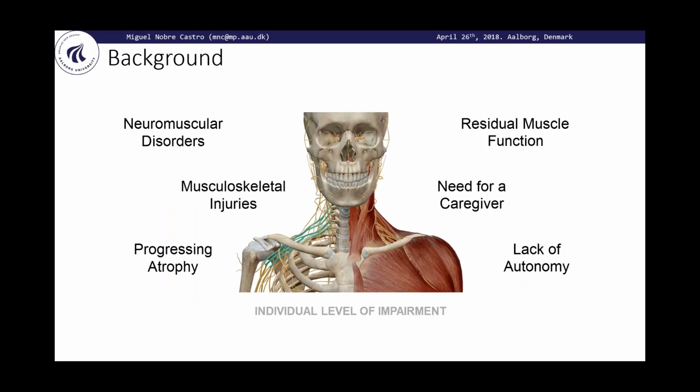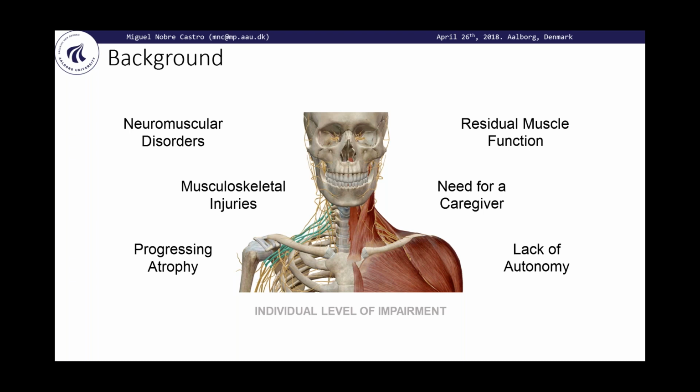So the background for this project is that the end goal of my project is to give life back or independence to people who suffer from physical impairment and cannot perform their daily activities at home. We're looking at designing an exoskeleton.